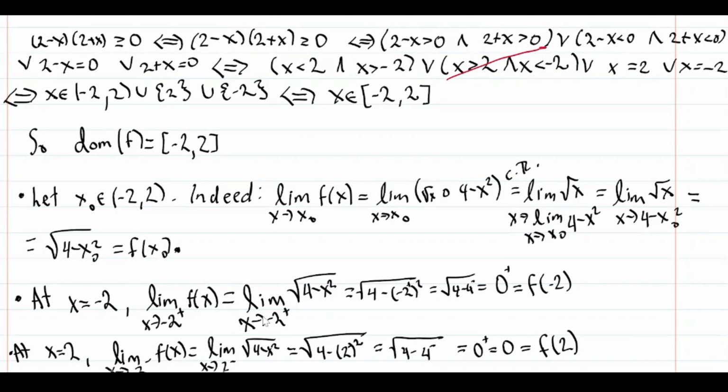Perfect. But at exactly x equals minus 2, the limit from the right of f of x is this. Now, notice we have to be careful here because at minus 2, we just plug it in, we get 0. But we have to be careful about the right or to the left, because if we go to the left, actually, this is going to not exist. The function is not defined to the left, but to the right of minus 2, it is defined.